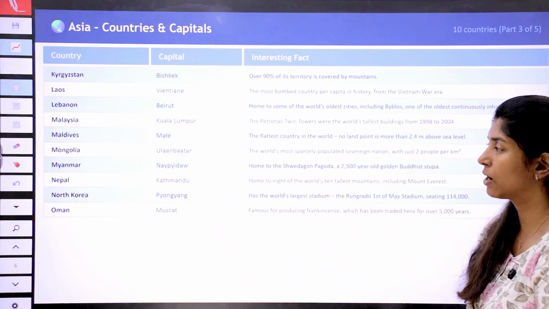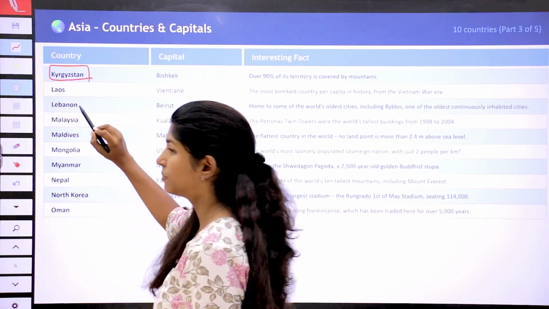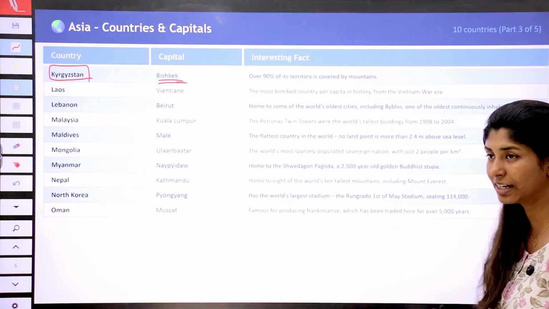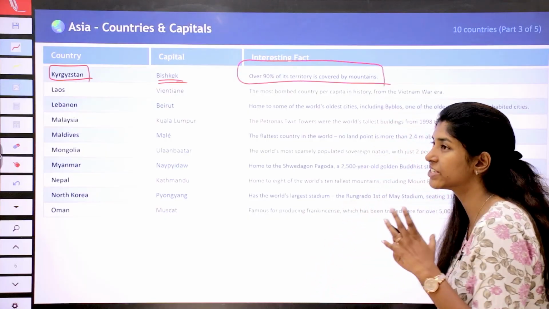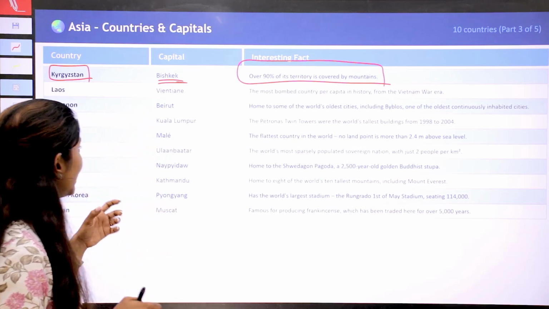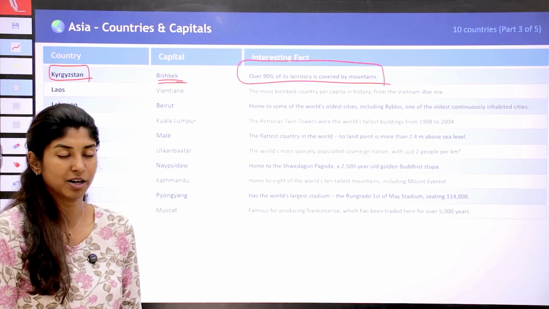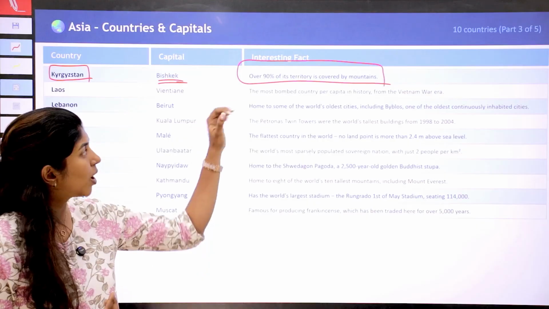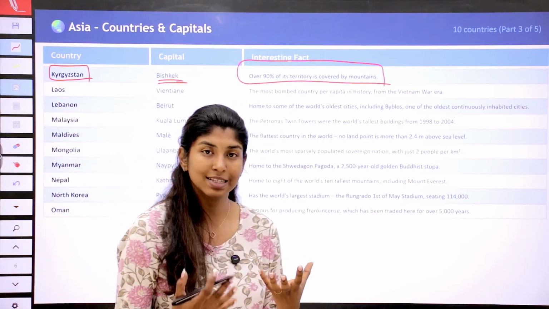Next, near that, there was Kyrgyzstan. For Kyrgyzstan, the capital is Bishkek. Over 90% of its territory is covered by mountains. So you can see how the physiography keeps changing from place to place. Asia has almost all kinds of physiography. We saw the desert parts, the mountainous parts, and even the land of fire where natural gas gives out bubbles.